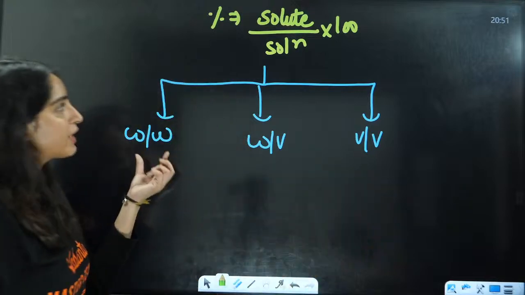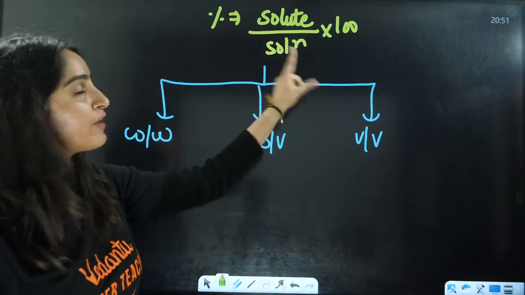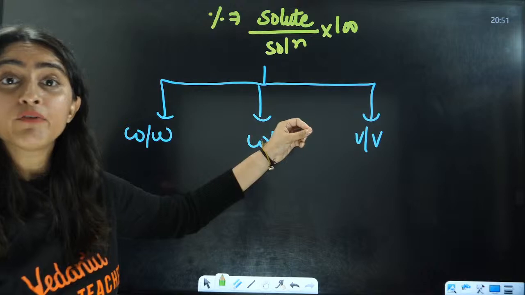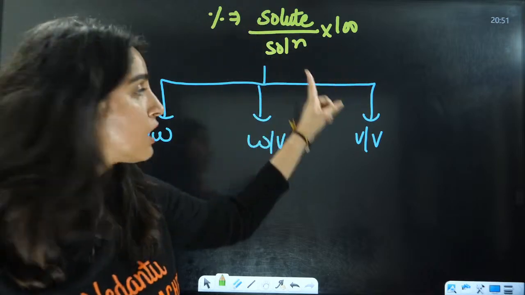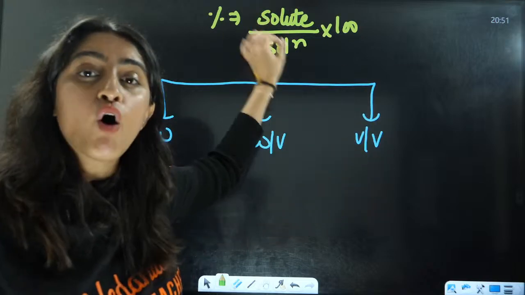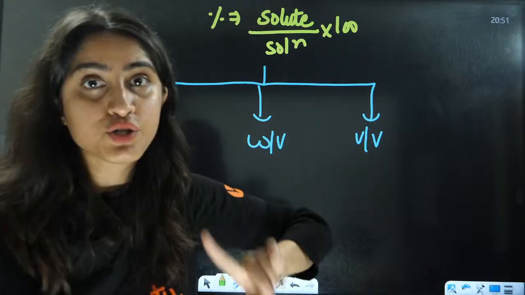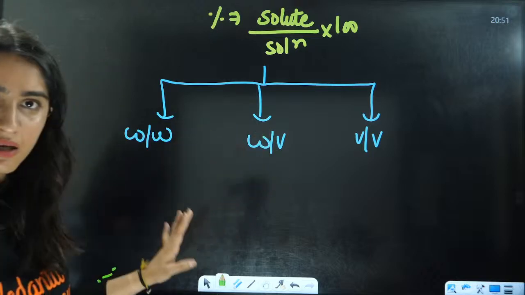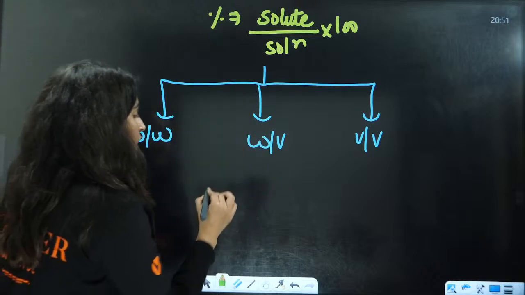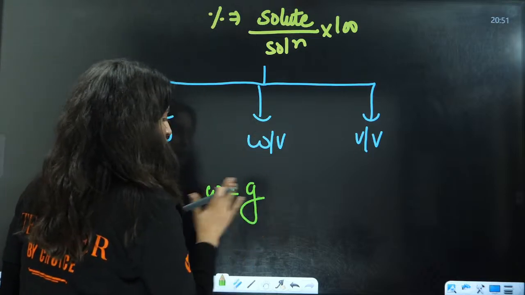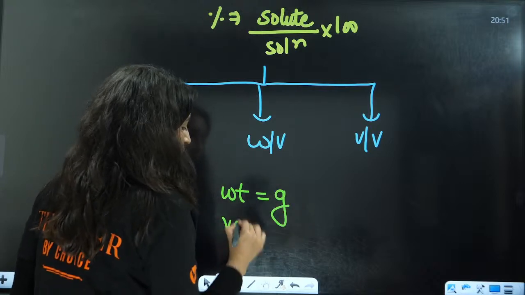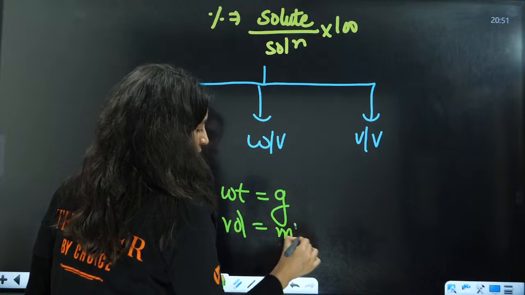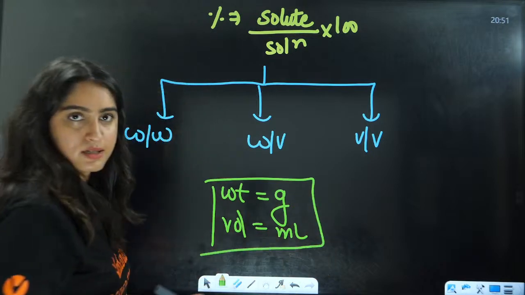For weight by weight, this will be weight of solute by weight of solution into 100. Weight by volume is weight of solute by volume of solution into 100. Volume by volume is volume of solute by volume of solution into 100. That is the thing, right? Here, weight is always in grams and volume is always in milliliters.